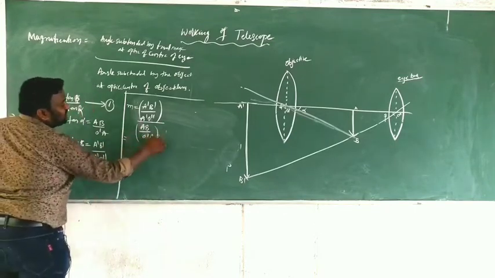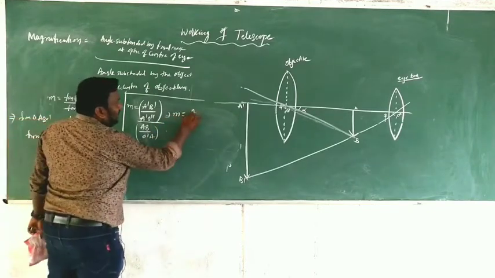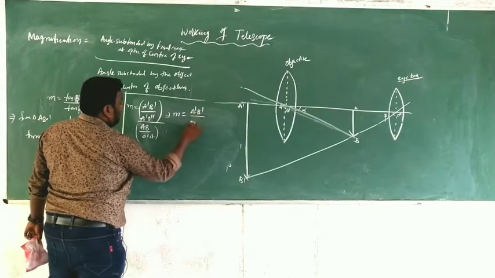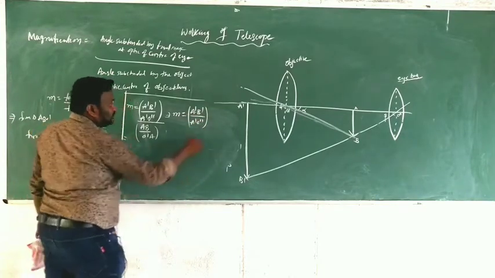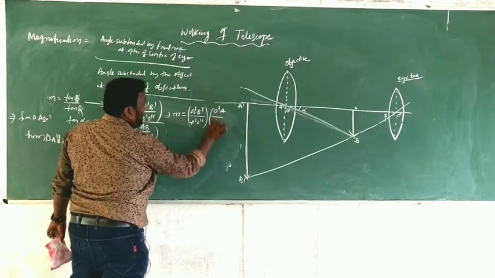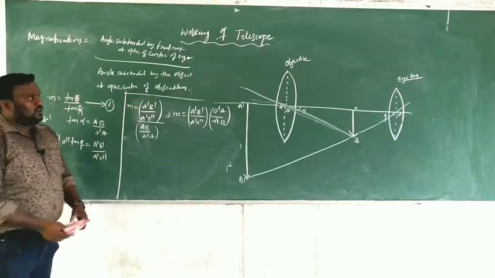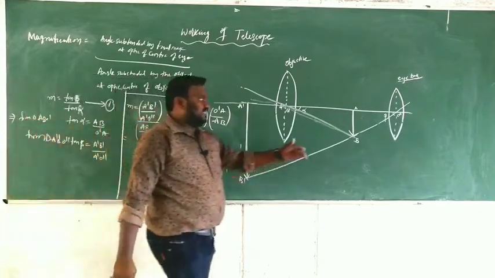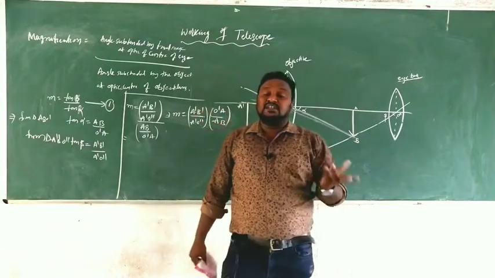From that, what do you write, children? We write M is equal to A dash B dash by A dash O double dash into O dash A by AB. Clear, children? Simple, no need to get confused. If we take this as alpha and this as beta, then M is equal to tan alpha by tan beta.